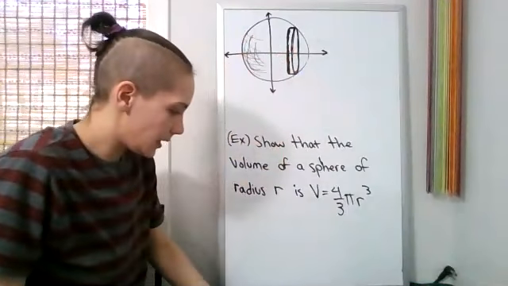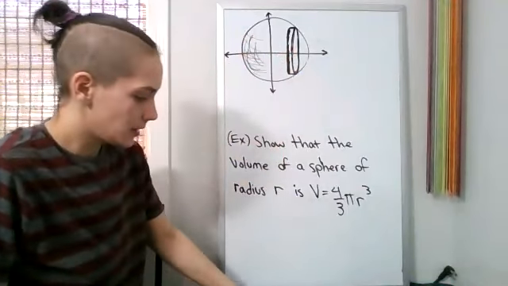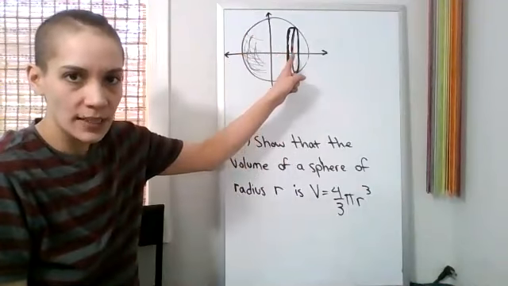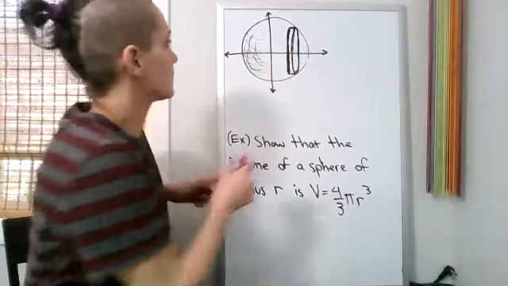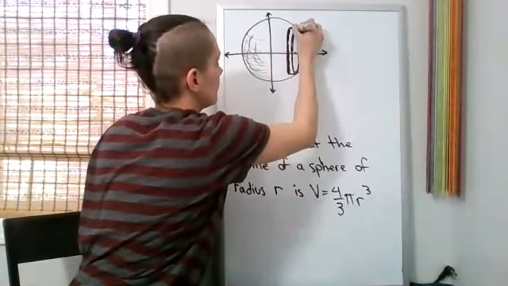And let's see, I've got the radius of the disc, r, is going to be right there, here to here.